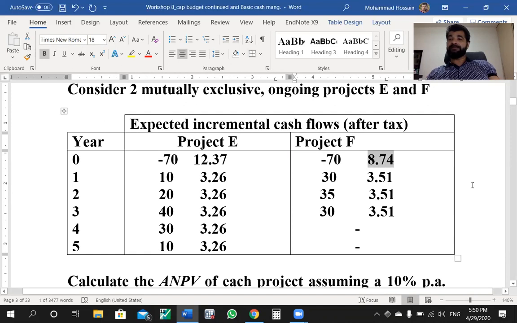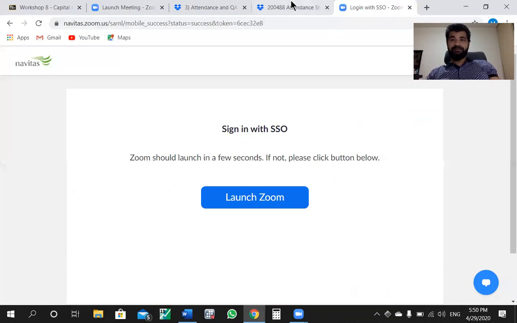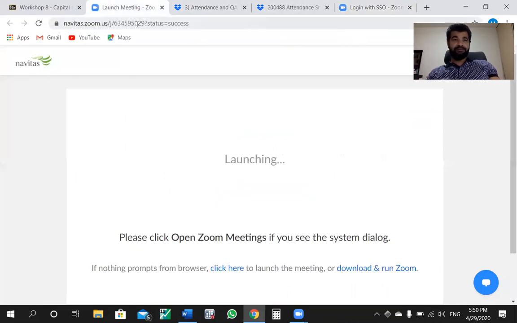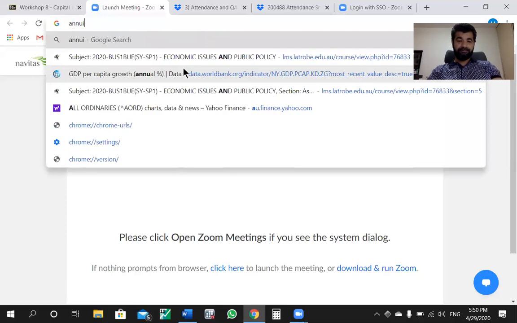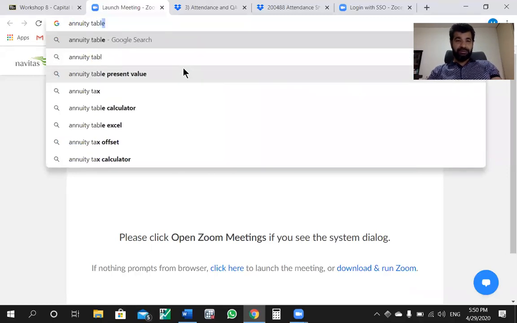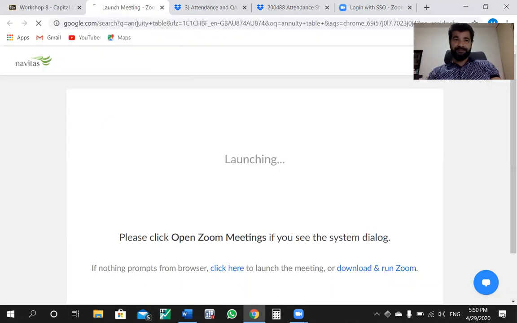You'll get that figure. How can we do that? Easy. Look at the annuity table. Let's have a look at our annuity table. It will be an ordinary annuity, so don't forget this.